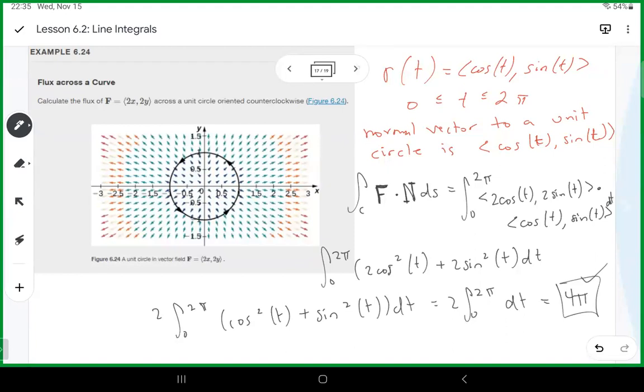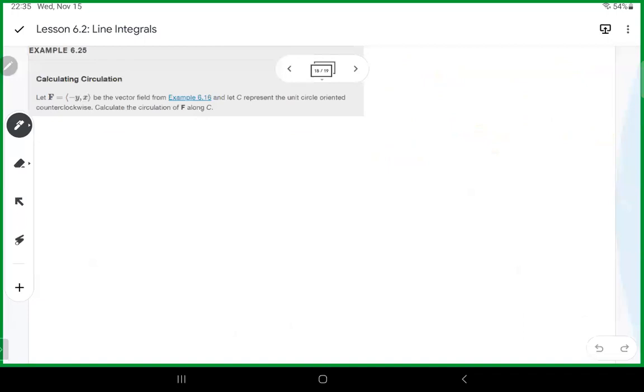Okay. Just 2 more questions. Calculating circulation. So, given the following, calculate the circulation of F along C. So we use the standard again, which I just wrote down for you.